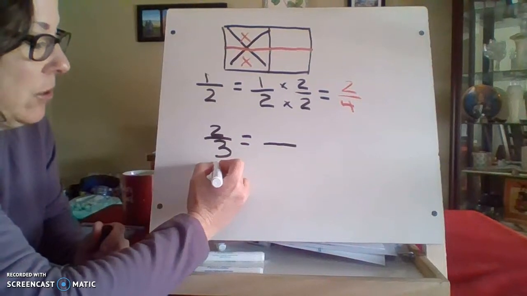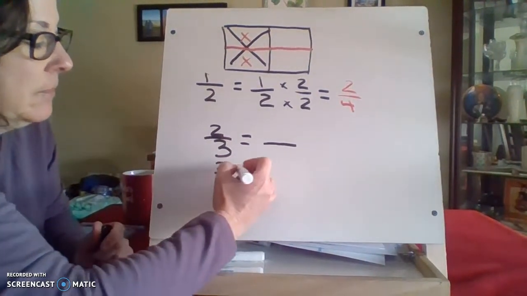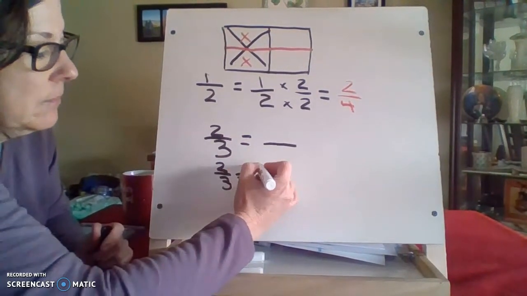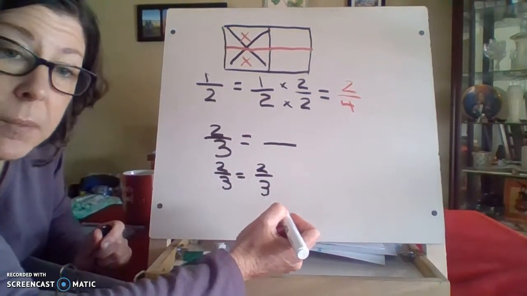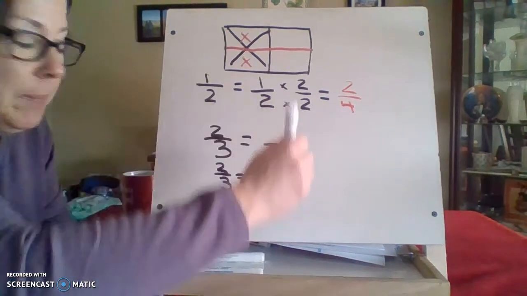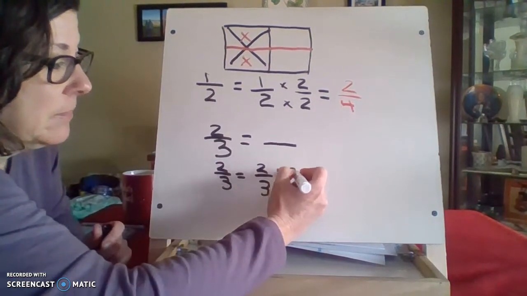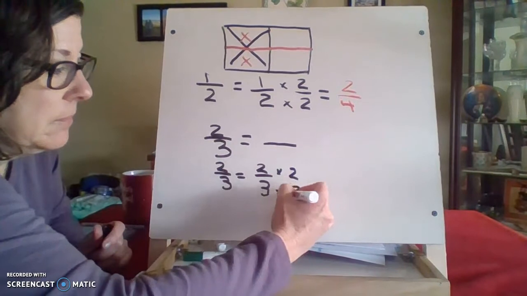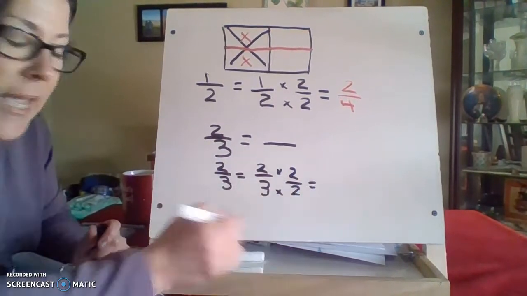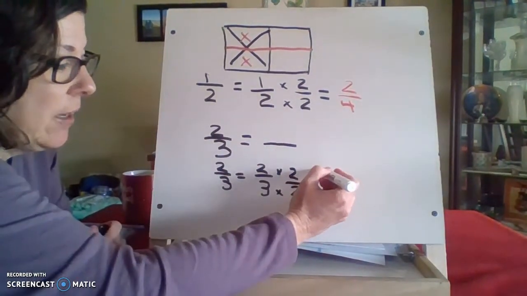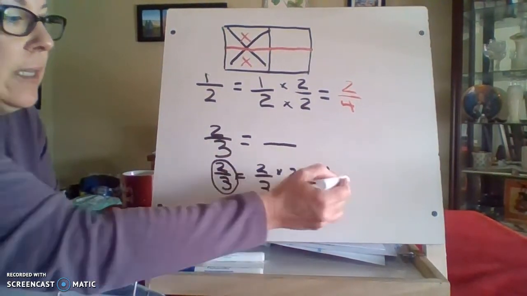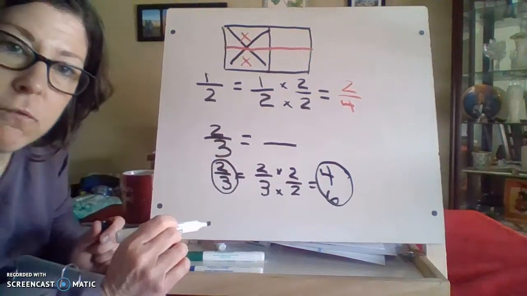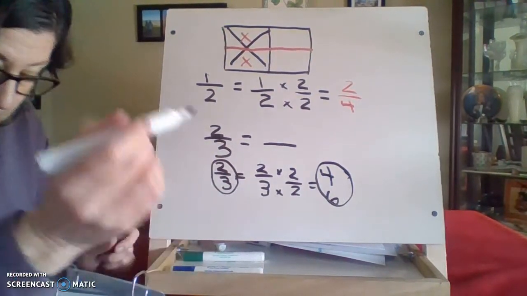I can take the 2/3, and let's say I'm going to choose to multiply by 2/2, like I did up here. Then I'm going to get the equivalent fraction of 4/6. So 2/3 is equal to 4/6 if I make the pieces smaller.